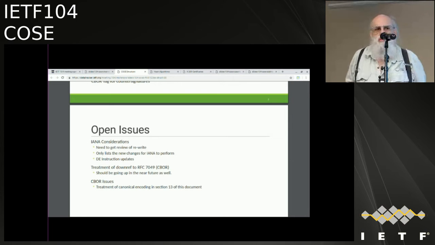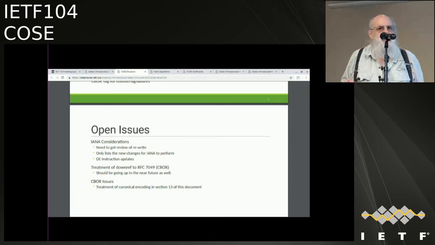One of the things that is part of the issue of which document we reference is that we do discuss some canonical encoding issues in our document. And we currently refer to 7049 in terms of defining how some of those canonicalization things work. The new CBOR document now has a couple of different things in it which say different things.